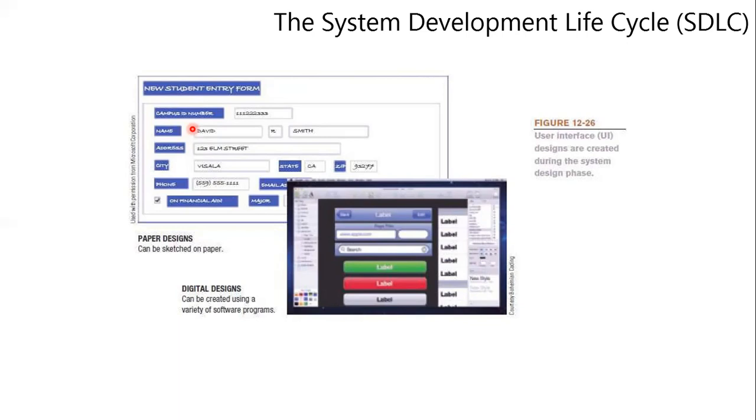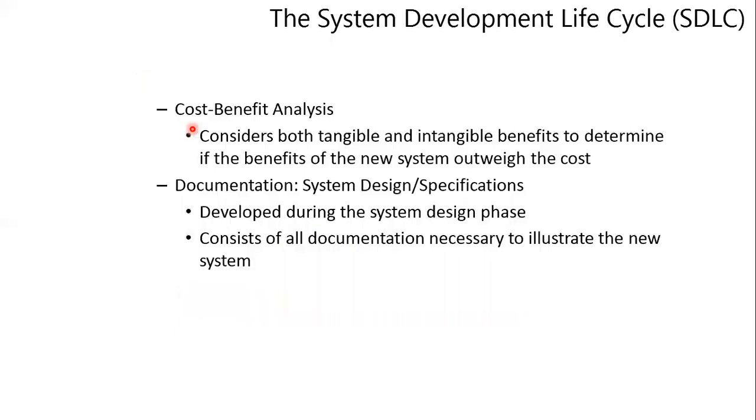So this is user interface design, created during the system design phase, so that if something more is required by the user, on the recommendation and on the demand of the end users, we can add some more features.